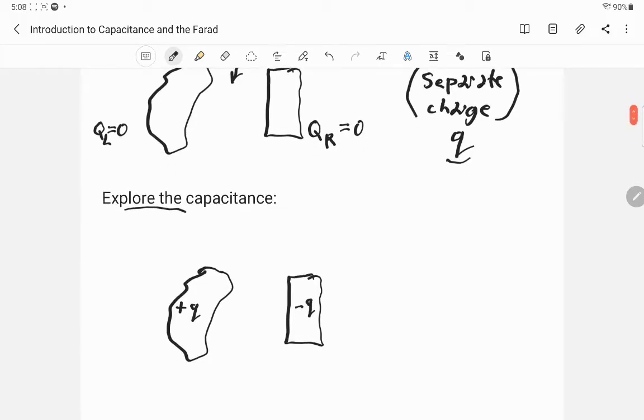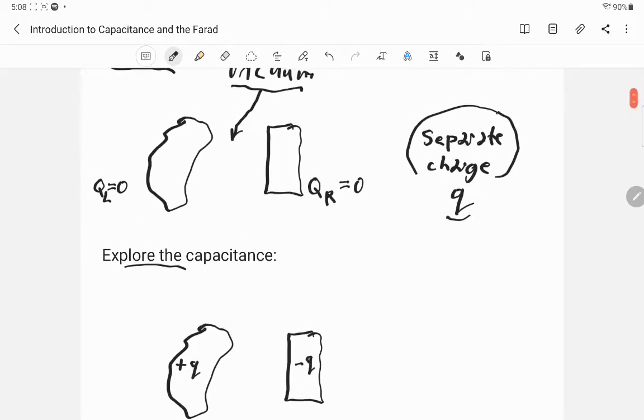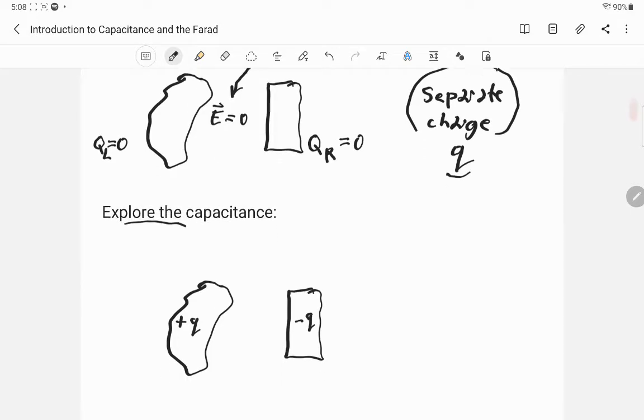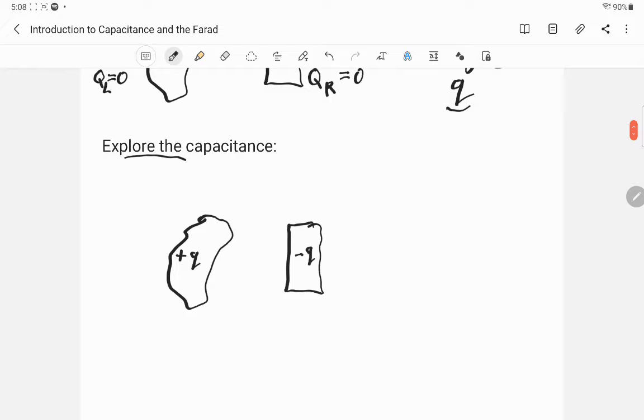So what happens, though, is if you think about it, before there was any charge, there was no electric field anywhere, right? Because these two things are uncharged, there's not going to be any electric field throughout the space between these conductors. But once you separate the charge, there's definitely going to be electric field.